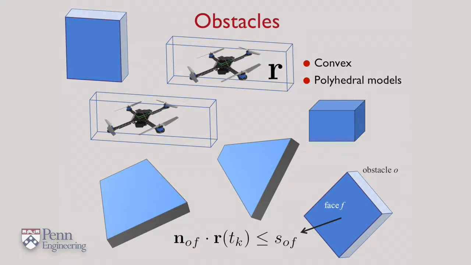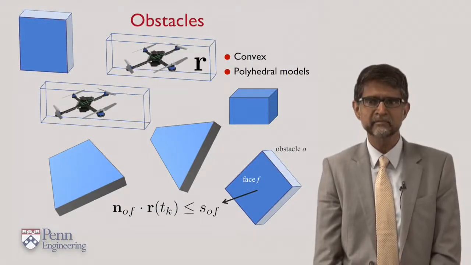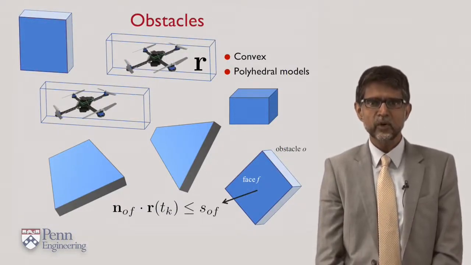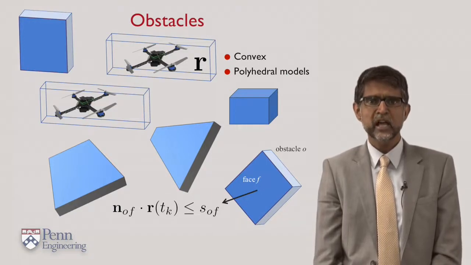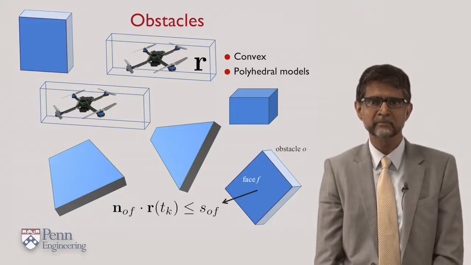For a generic face F on obstacle O, for a generic time instant t sub k, we want to make sure that the convex polyhedron characterizing the robot and the face F do not intersect. That fact is written as a linear inequality. The inequality restricts the positions R that can be occupied by the robot.